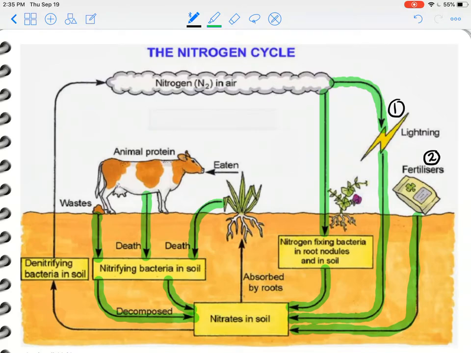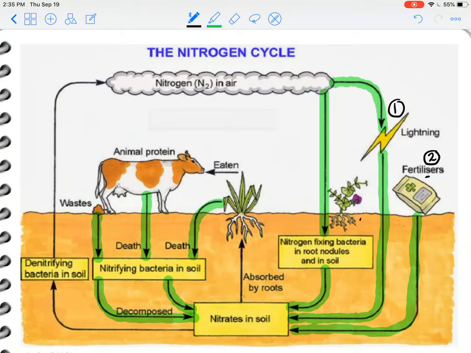And I want to point out to you right here, this is a British spelling of the word fertilizer. In America, we spell it with a Z instead of an S. So fertilizer, in American English, is spelled with a Z instead of an S. Okay, so that's a second way.